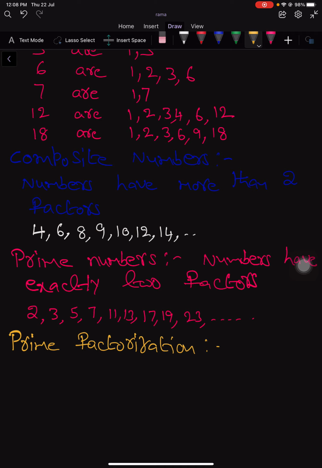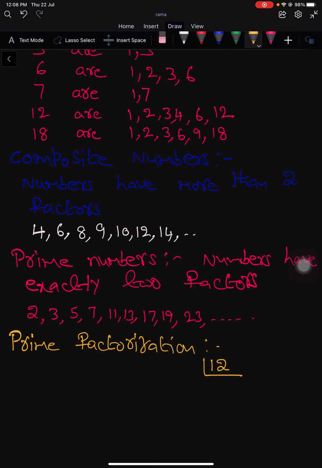By taking one example, we can understand this concept. I am taking 12. Don't forget, in this prime factorization you can use only prime numbers.